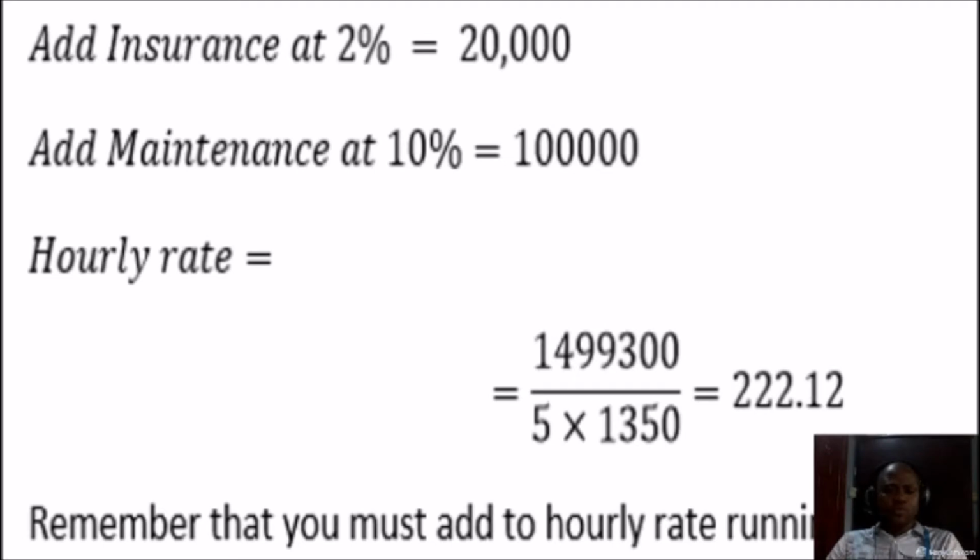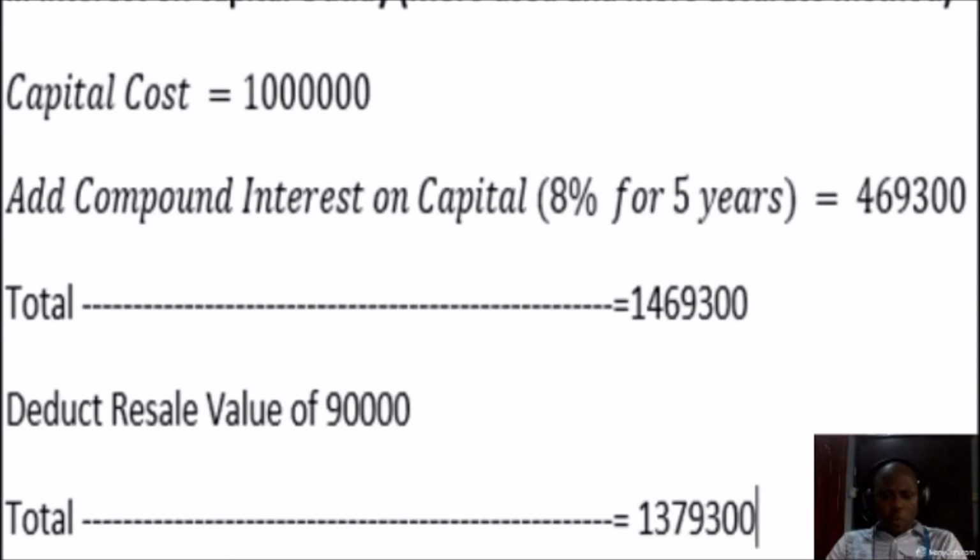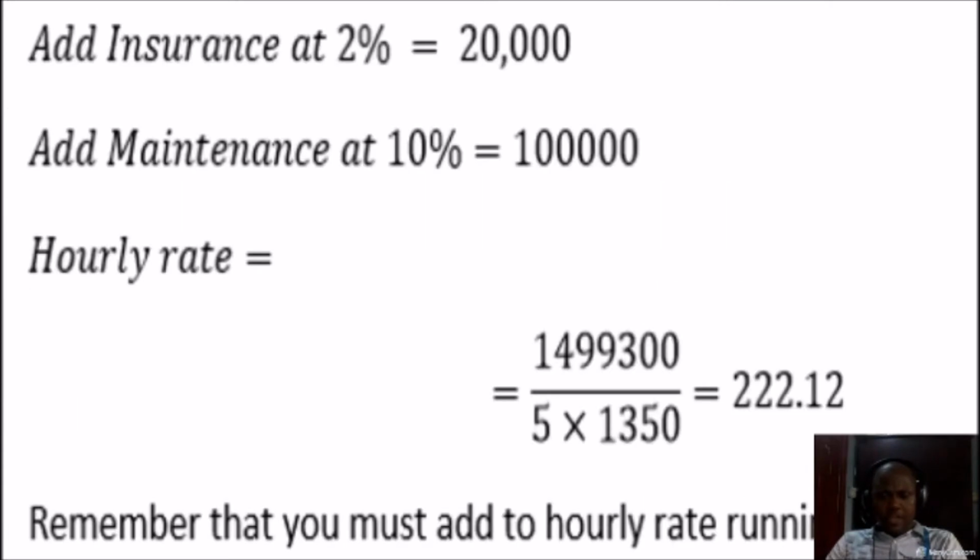We sum the 2%, which is 20,000, plus the 10%, which is 100,000, to our previously obtained figure of 1,379,300.